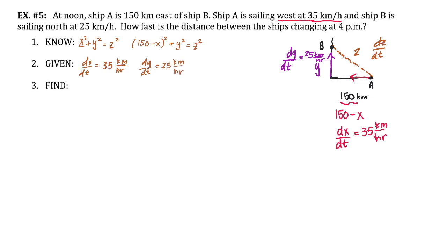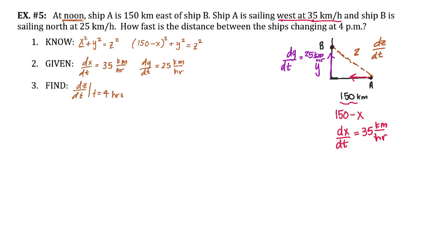So that's good to know. They ask us to find the rate of change of the distance between the two ships, which according to what we have drawn is dz/dt. We want to know what's going on with that at 4 p.m., which is really 4 hours, because the ships started at noon.